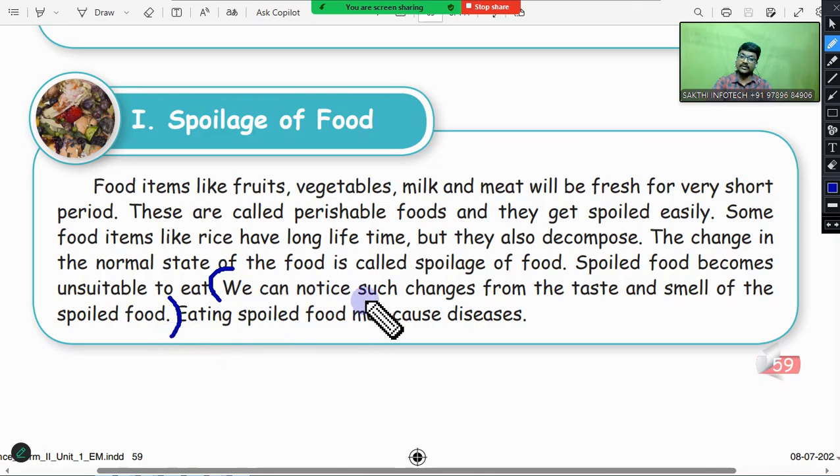Say. Eating spoiled food may cause diseases.